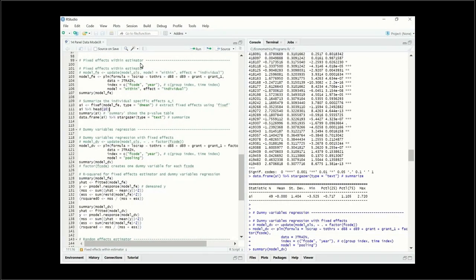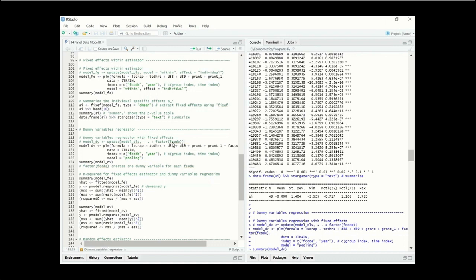An equivalent way in which we can estimate a fixed effects model is by using a dummy variables regression. So here we could actually update the OLS model that we estimated above, but then include plus factor of F code.